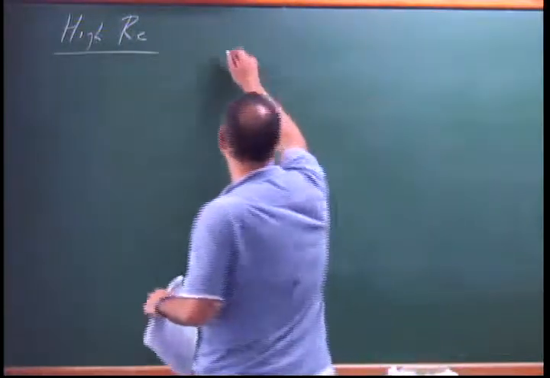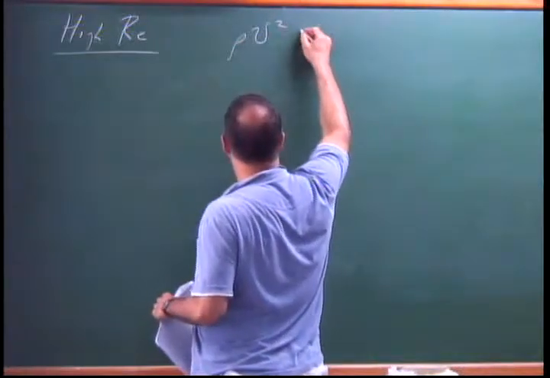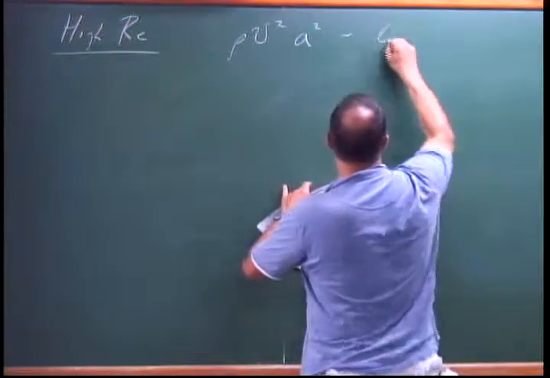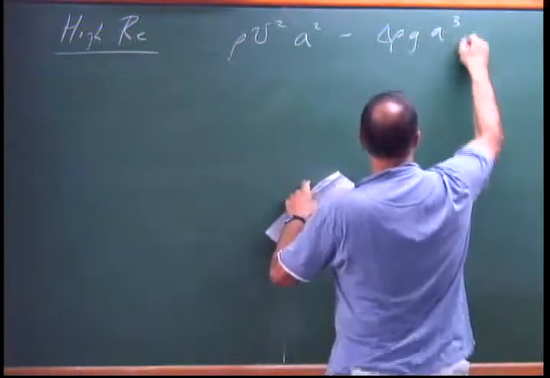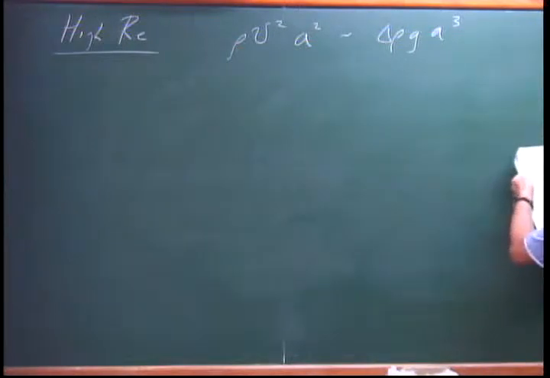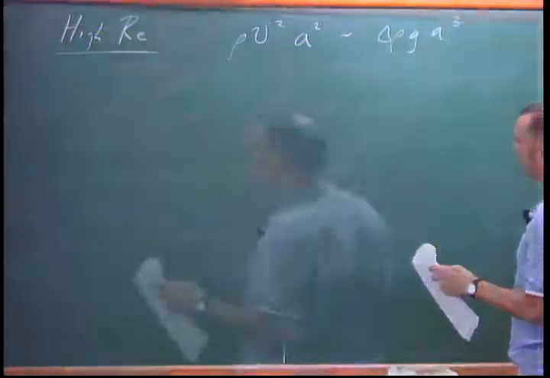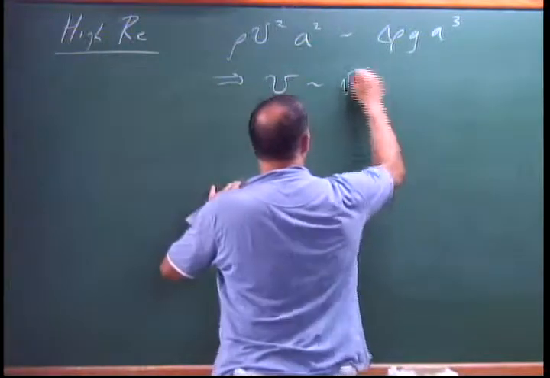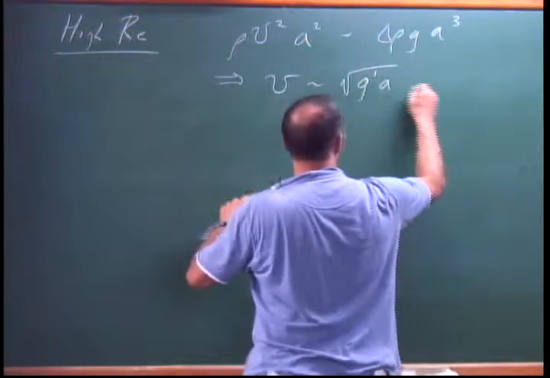Rho u squared is the characteristic pressure, a squared is the characteristic area, and that's going to balance buoyancy. So this gives us u goes as the square root of g prime a, which we've seen before.